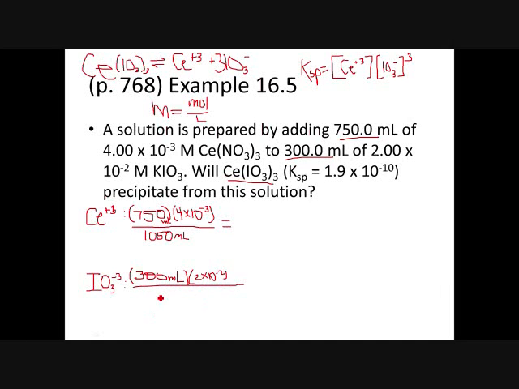And the total volume is the same, so it's still going to be 1,050 milliliters for the denominator. So the molarity of the cerium ion is 2.86 times 10 to the negative 3. And the iodate is 5.71 times 10 to the negative 3 molar.